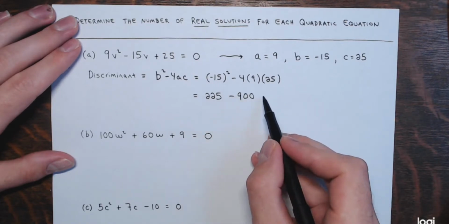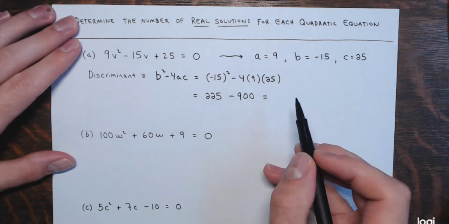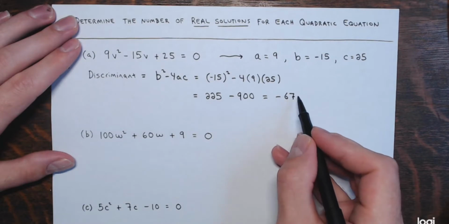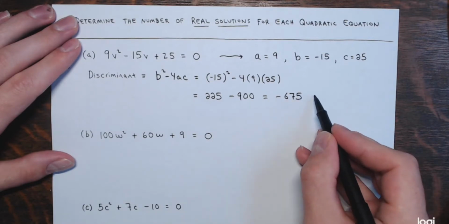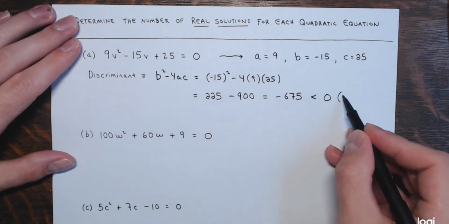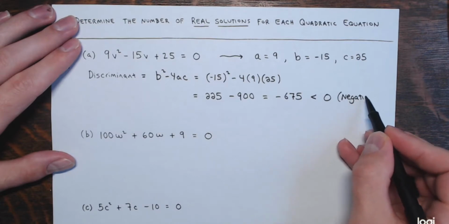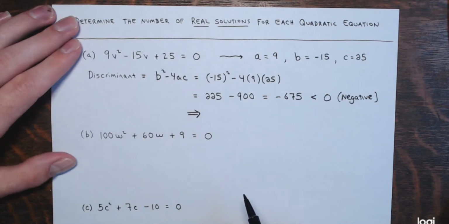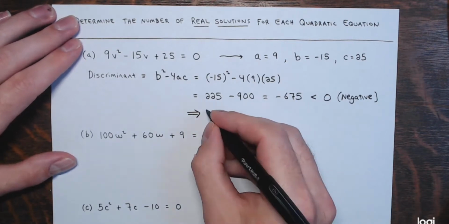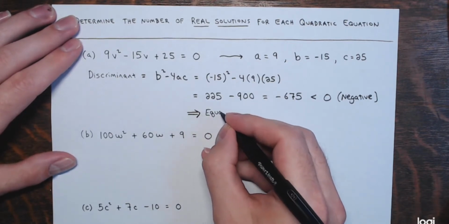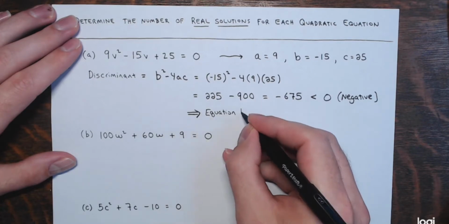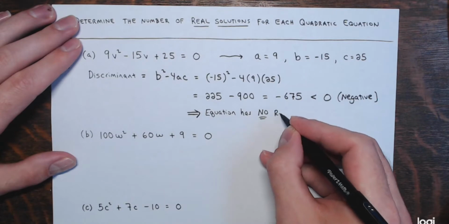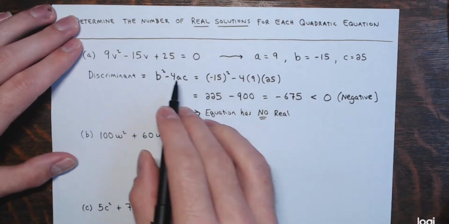And this is definitely negative. This would be negative 675, which is less than 0. A negative discriminant. So that means the equation has no real solutions, because you'd be taking the square root of a negative number.